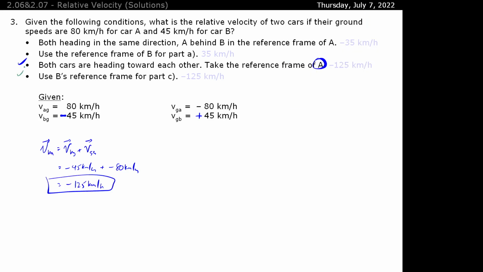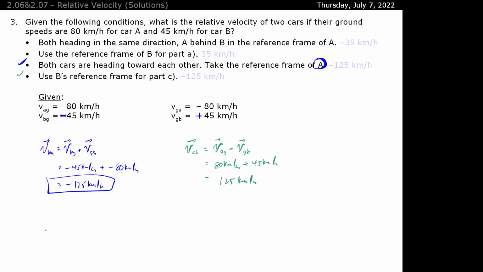And for the last one, we're just doing velocity of car A relative to car B. B is the frame of reference, so speed of A relative to B. That's VAG plus VGB. AG is at 80 kilometers per hour, GB is at positive 45 kilometers per hour, and that's equal to 125 kilometers per hour.